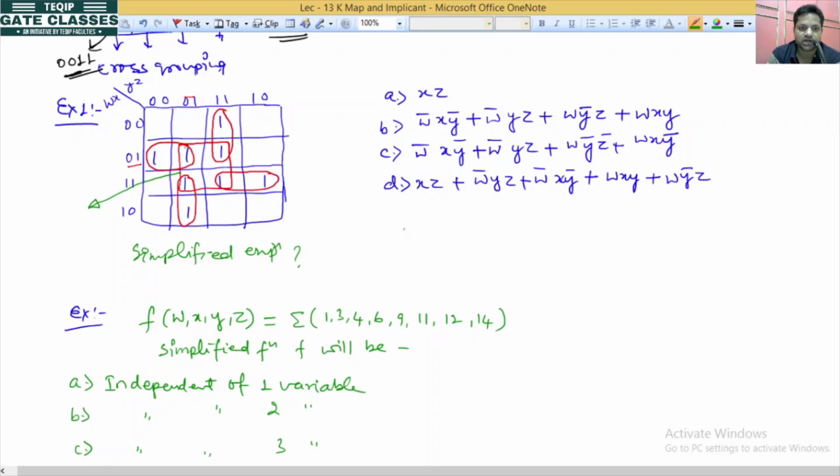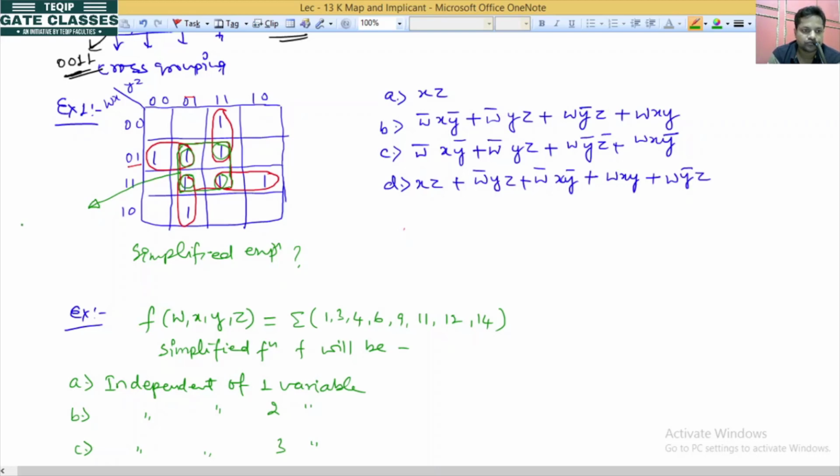If you look at this quad, this one is covered in this group, this one in this group, this one in this group, and this one in this group. So all the cells of this quad are covered by other adjacent groups. So this quad is a redundant group.